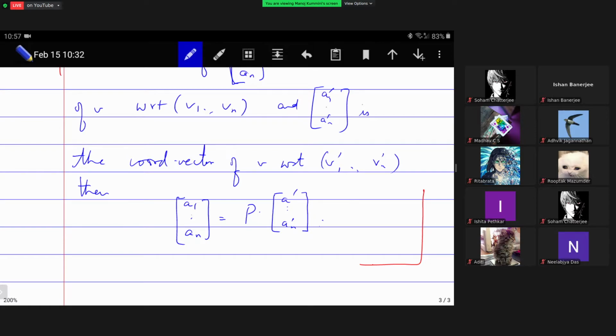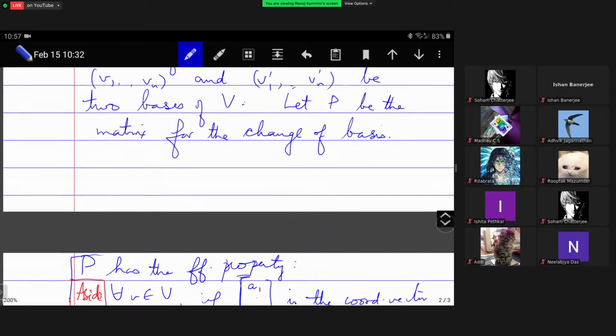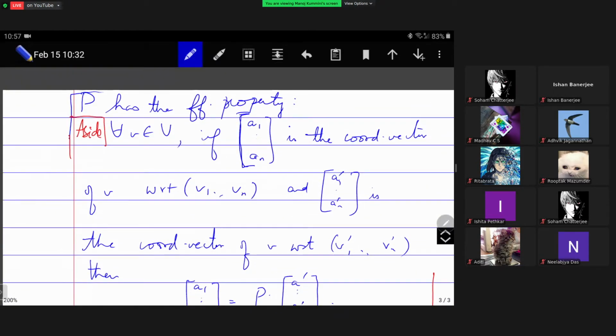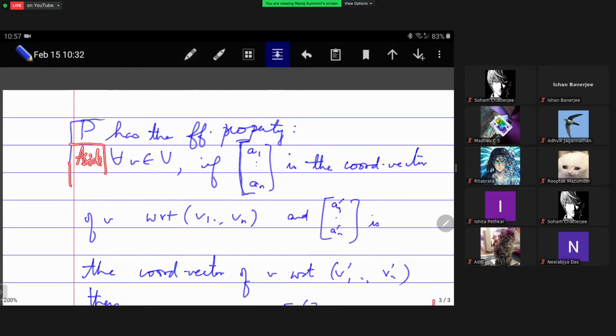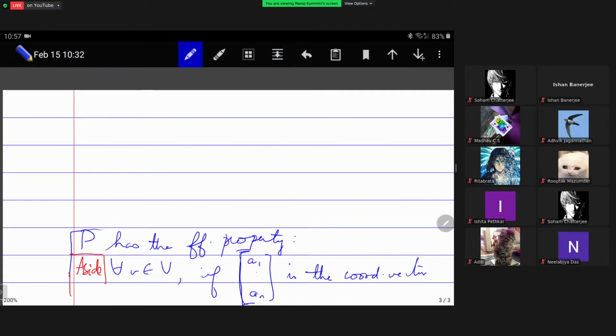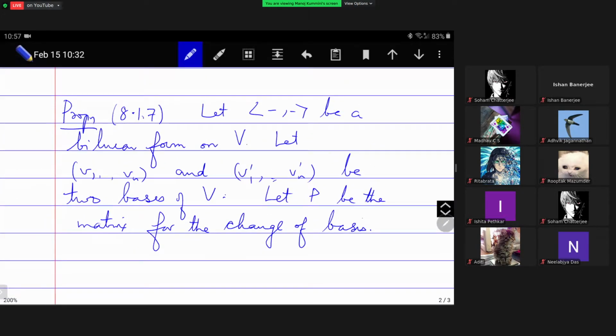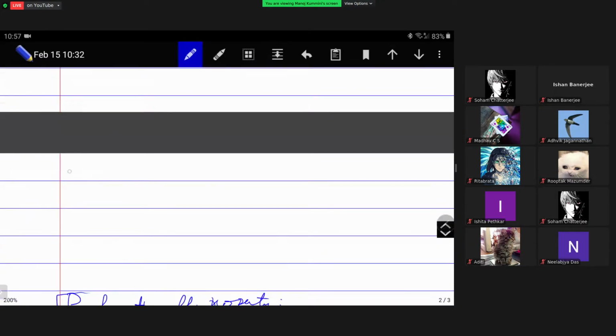So now, back to the proposition. In the proposition, we have this P, the change of basis.